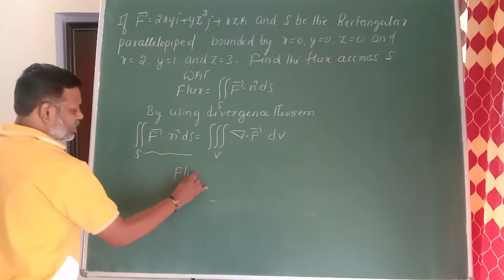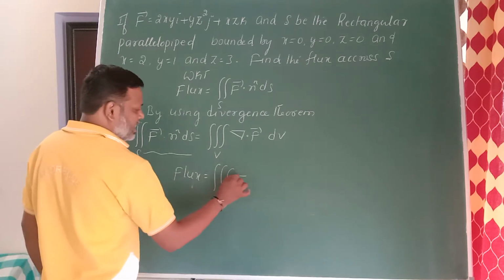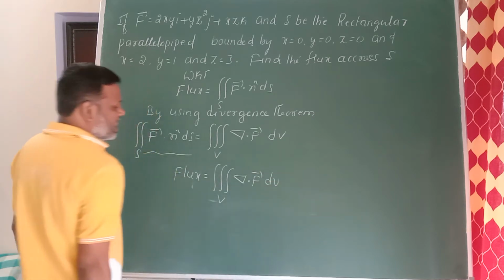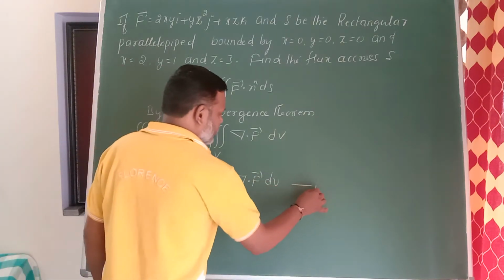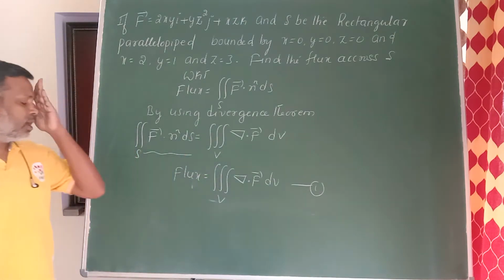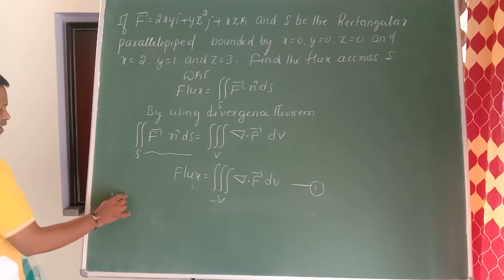Therefore, flux is given by the formula, a triple integral over volume of del dot F into dV. This is equation number 1. So now let us first find out del dot F. For that, what is F here? F is a vector function here.